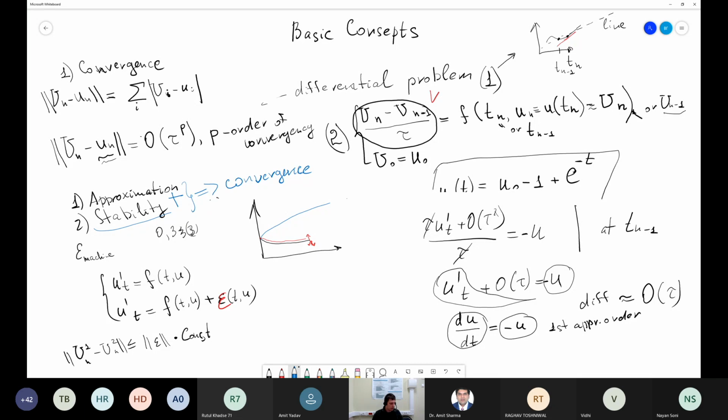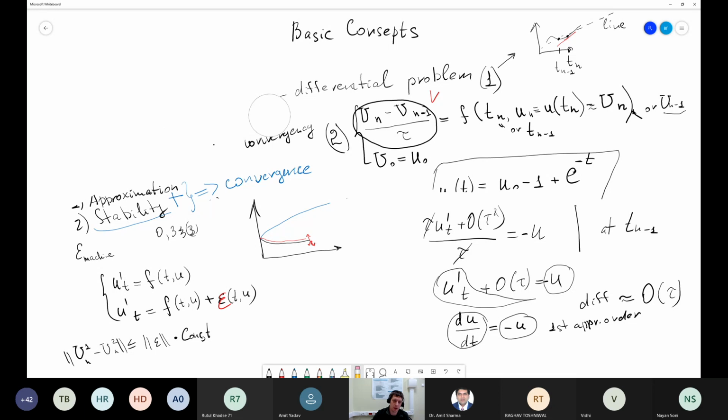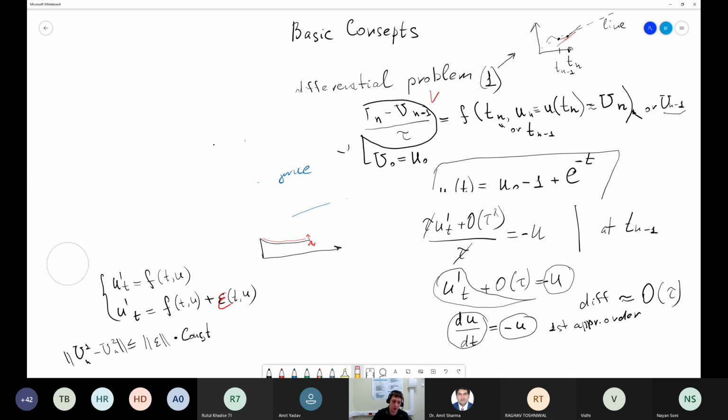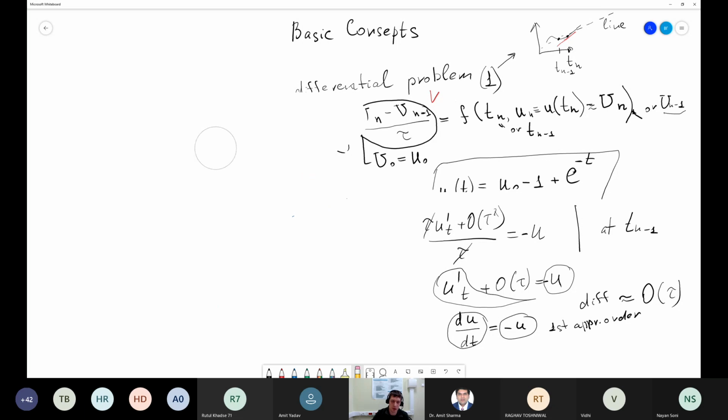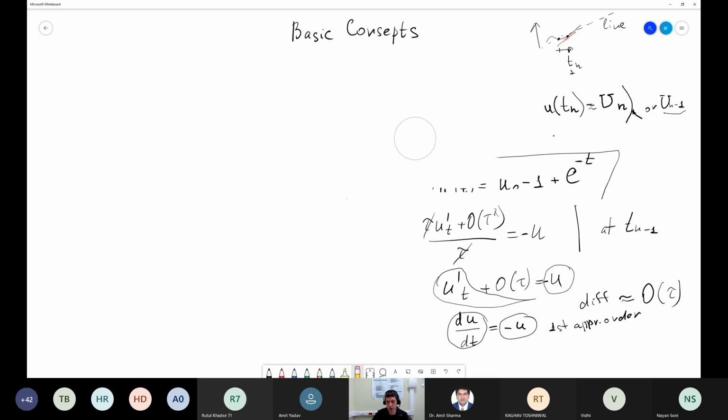So what do we have to do now? I will show you briefly one more example of how to check the approximation order of some specified scheme. The only thing you have to know is the Taylor expansion.